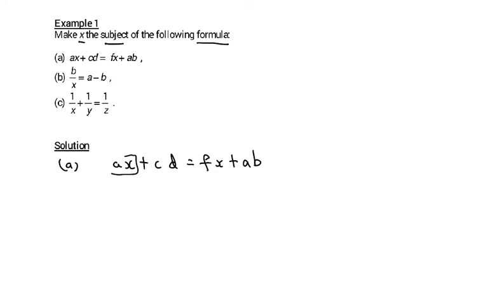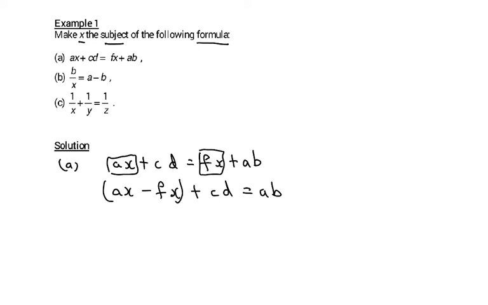Now where is x? X can be found in one term on the left and one term on the right. So we need to put the two terms with x together. So I minus fx on both sides. Then, now the two terms with x are together.